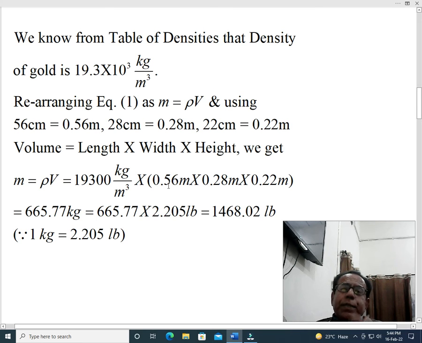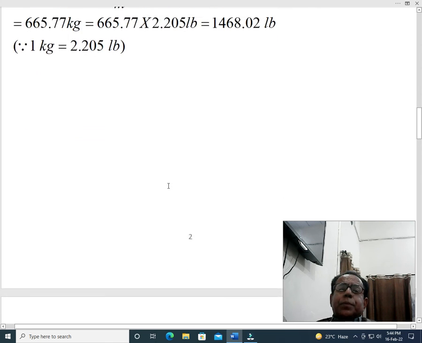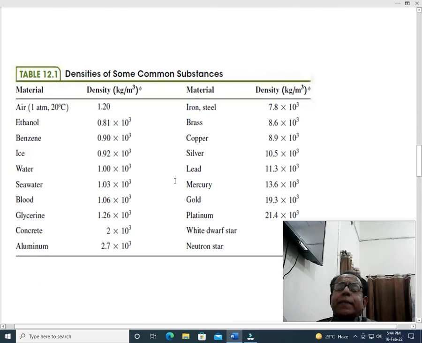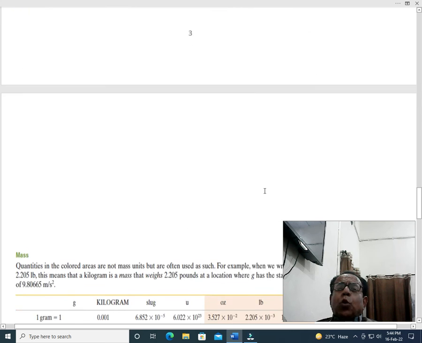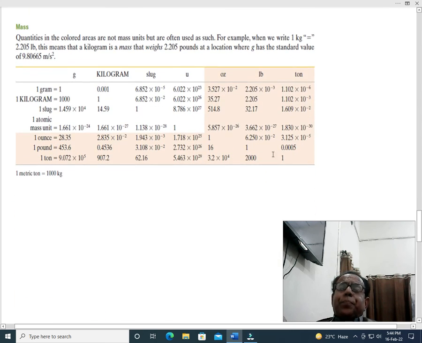Now we show the table. First we had shown this table in which density of gold was given. Now we show another table in which, dear students, we can see that 1 pound is equal to 0.4536 kg, and on the other hand 1 kg is equal to 2.205 pound.